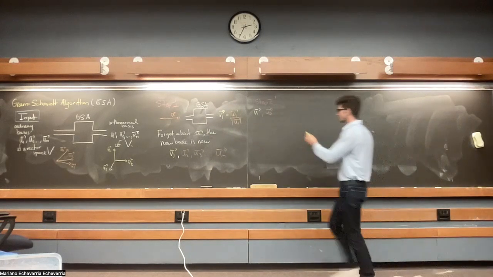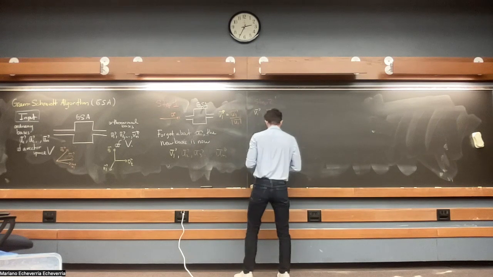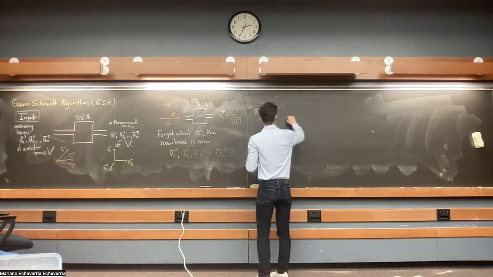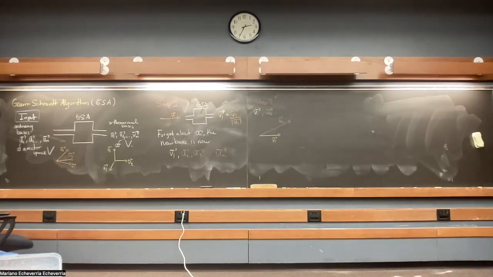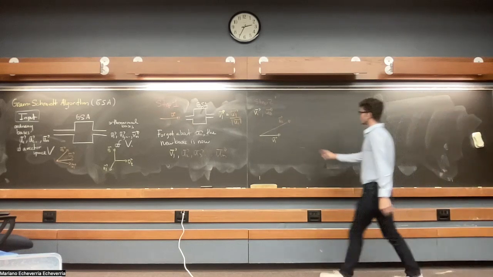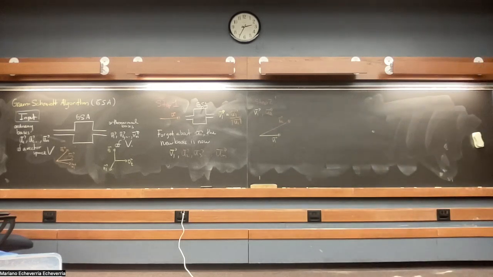I had the first modified vector, which is V1. And I have the second vector, right? I'm trying to draw them in a way that's clear that there's some angle between them, which is not necessarily 90 degrees.